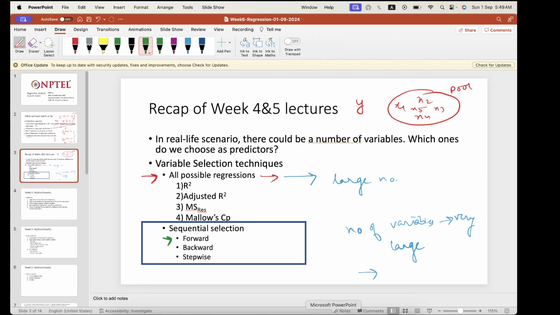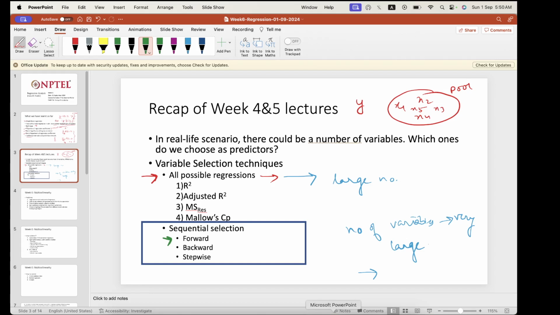I mean, that is not something we check, that if the model on the whole remains significant, but for a good model this also should hold, right? So sequential selection, forward, backward, we have learned.